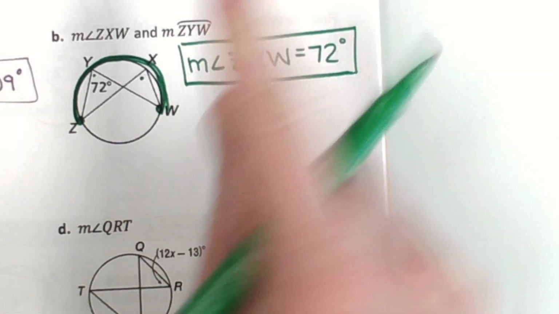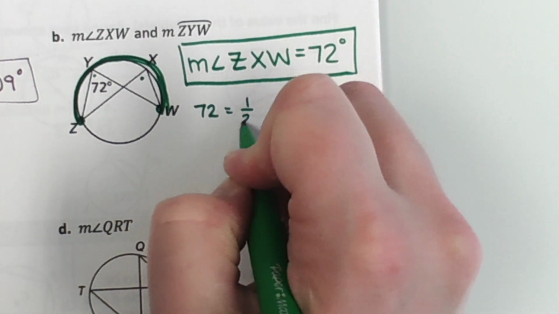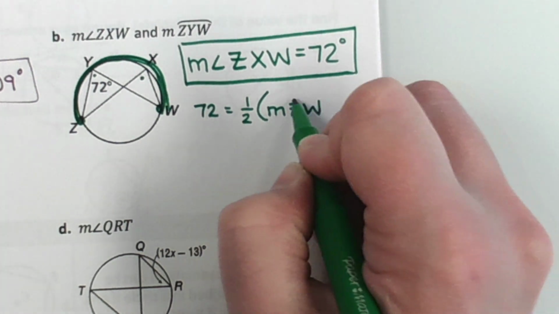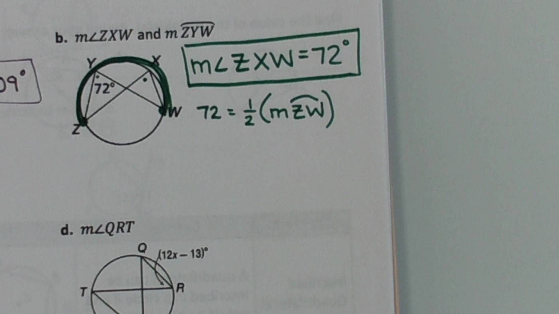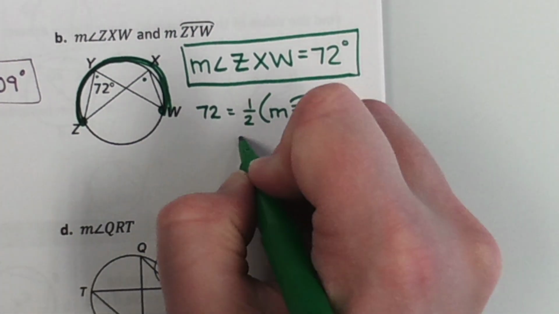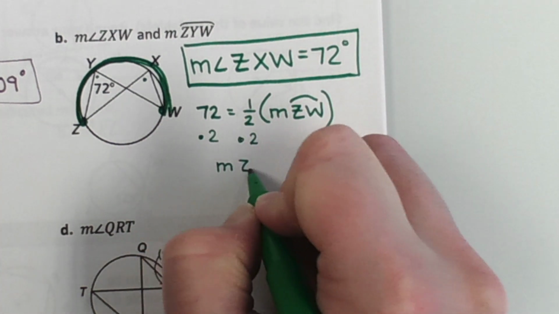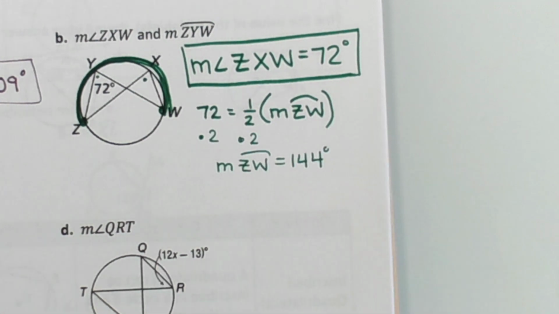Indeed, because they say the measure of the angle equals 1/2 the measure of its intercepted arc. I know you didn't necessarily go through this full math to get there, but some people need it, so I'm going to write it out. And if you want the measure of the arc, you multiply by 2. So yes, the measure of ZW was indeed 144 degrees, as you said.